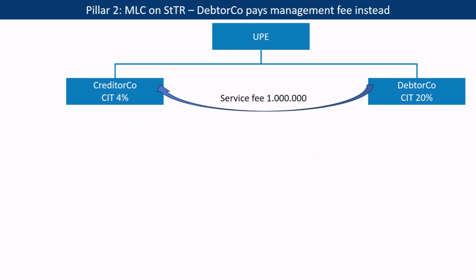And now if we play with the same scenario, but instead of an interest payment of 1 million, we now have a service fee of 1 million, and we've got direct and indirect costs related to that service fee of 800,000.